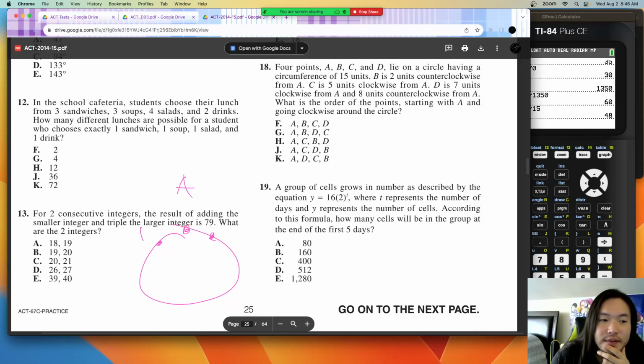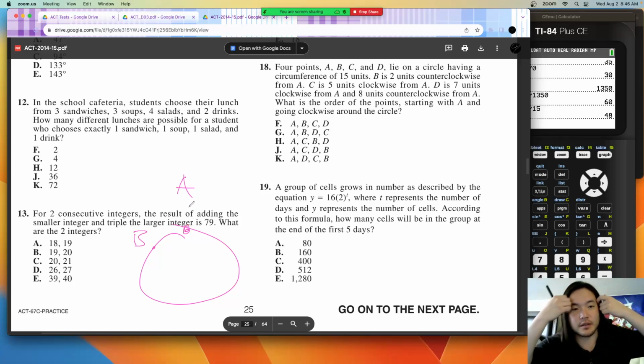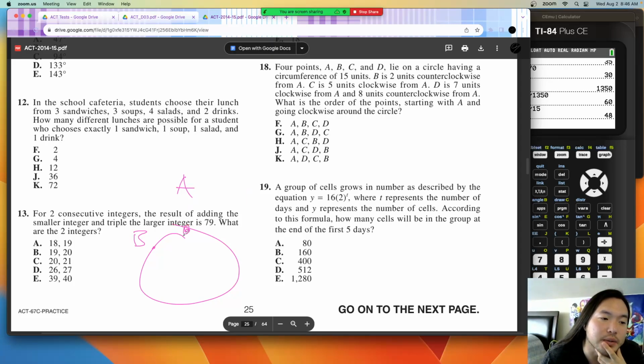Let's fix it. So 48 degrees is going to be more like here. Okay, I was pretty close. C is 5 units clockwise from A. So again, this is 7, this is 8. So 5 is probably gonna be here-ish. And then D is 7 units clockwise, and that's definitely here. That's D.